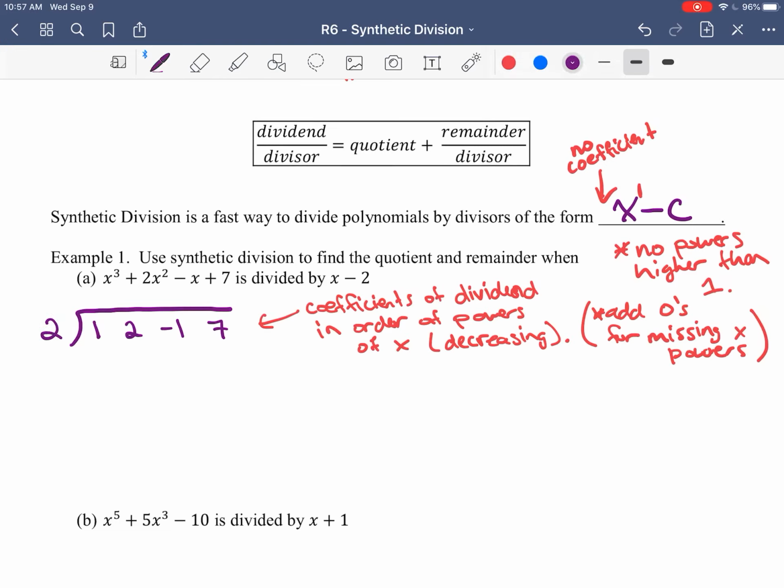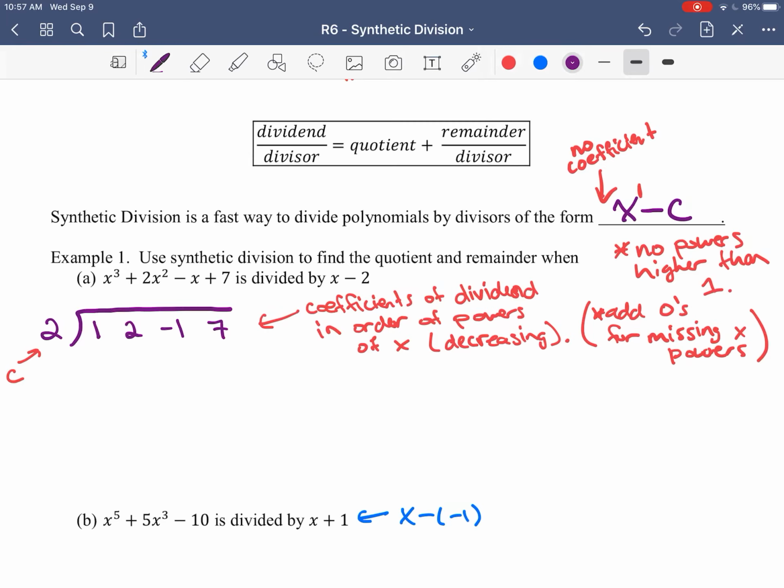That's going to be just 2. So this is the c value. If you're dividing by x plus 2, then you'd want to think of this as x minus negative 2. Just keep that in mind when you do that example.